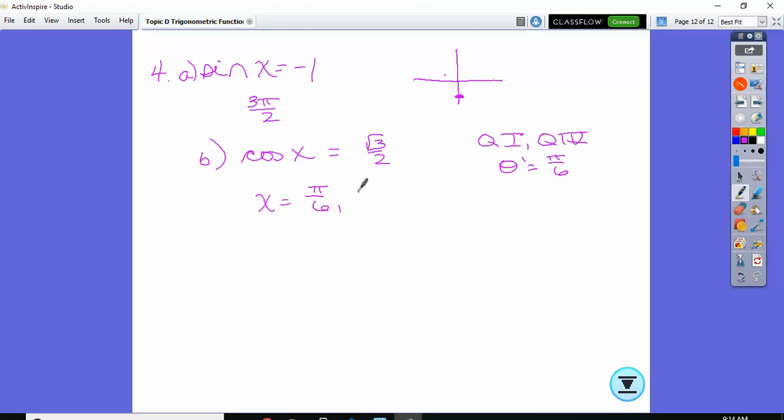In quadrant 4, double the bottom, subtract 1, so 7 pi. Oops. 11 pi over 6.